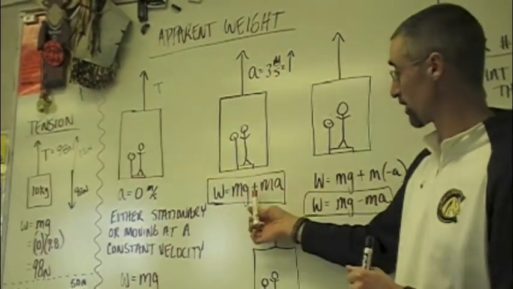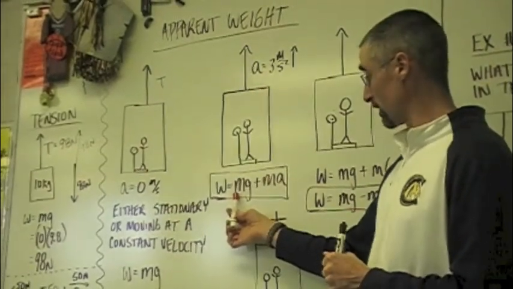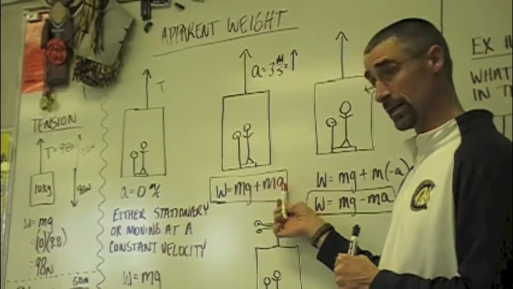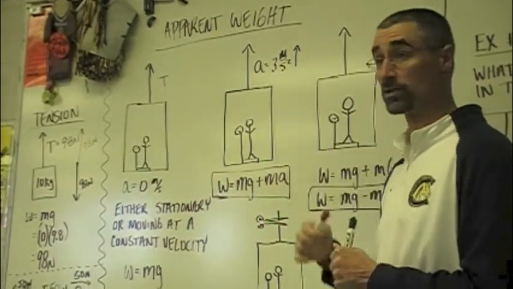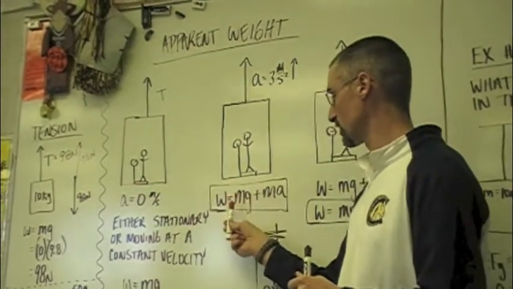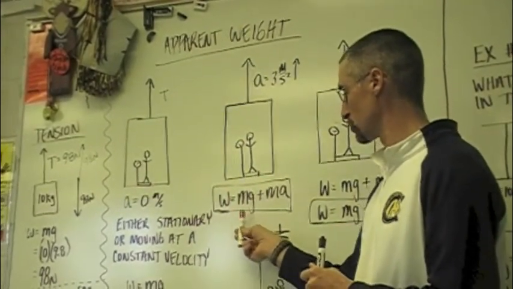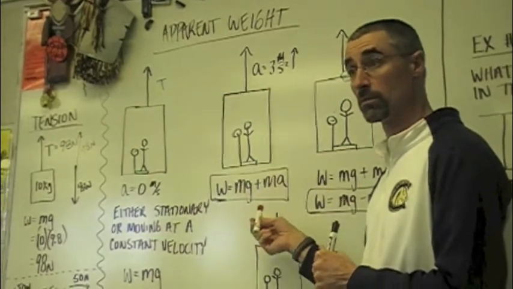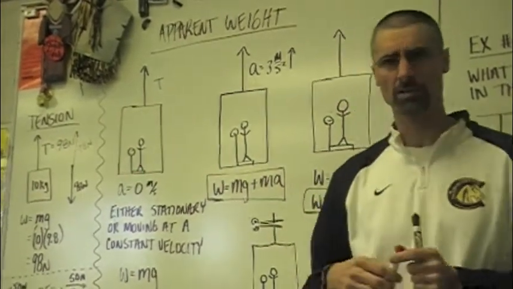So in this case right here, we take whatever the mass of the guy is times 9.8 plus whatever the mass of the guy is times, in this case, 3. Could you factor out the m's and basically say weight equals m times the quantity g plus a, effectively? Does this make sense? Okay.